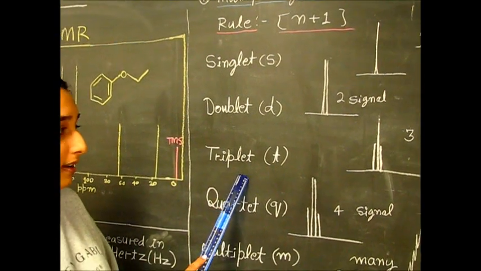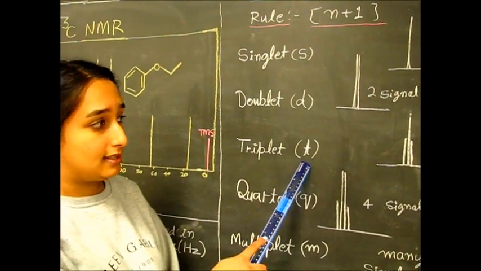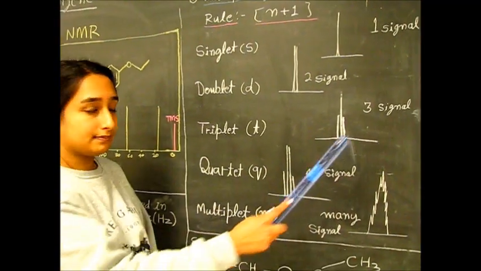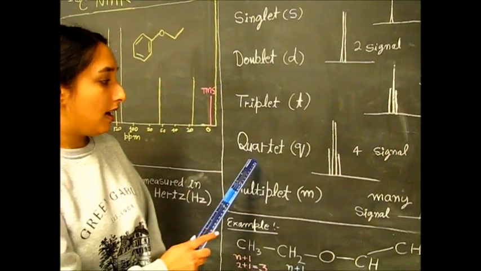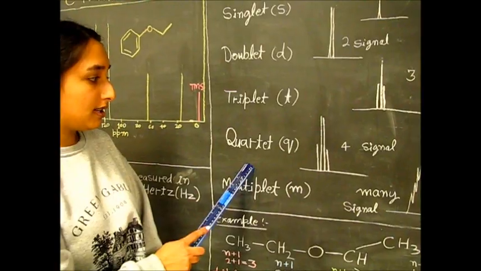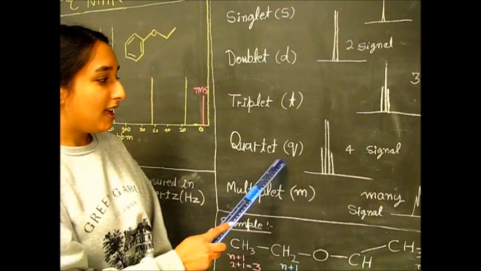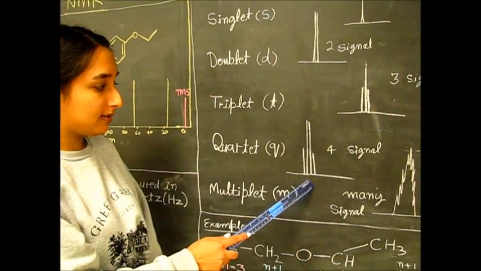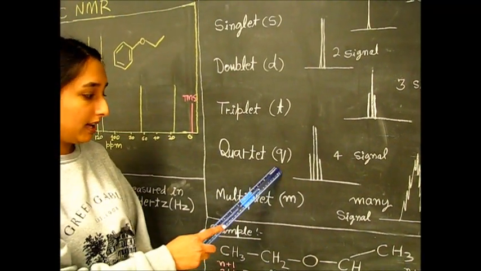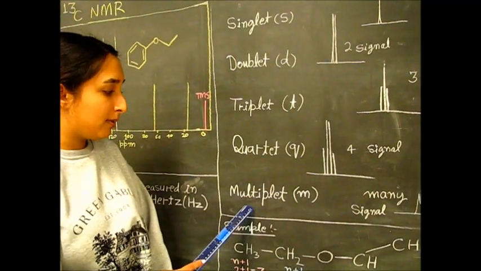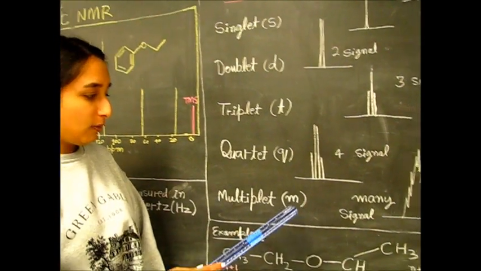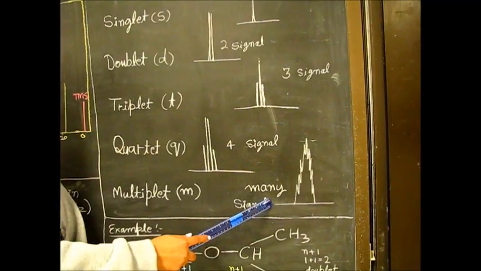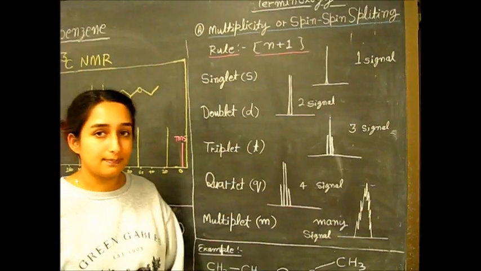We have the triplet, represented by a lowercase t, where we can see three peaks and three signals. We have a quartet, which has four signals and four peaks and is represented by a lowercase q. We have a multiplet, which is represented by a lowercase m, which represents many signals and many peaks.